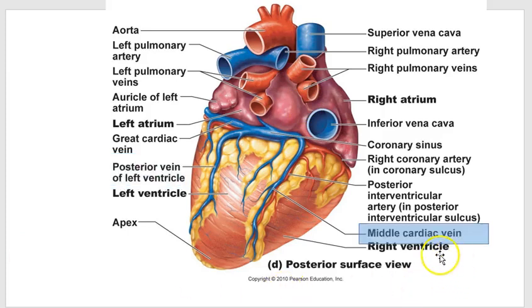Then you have your middle cardiac vein running along, or parallel to, this posterior interventricular artery. So whatever blood this one's given, that middle cardiac vein is then returning to your coronary sinus.